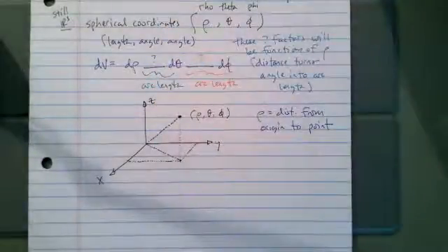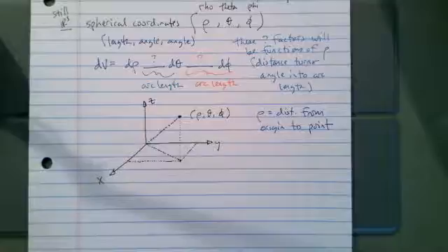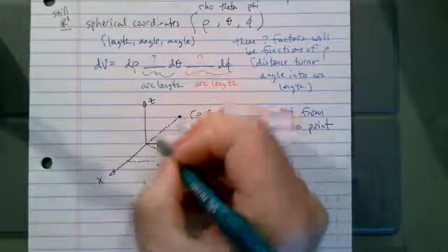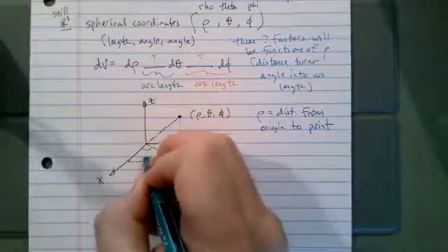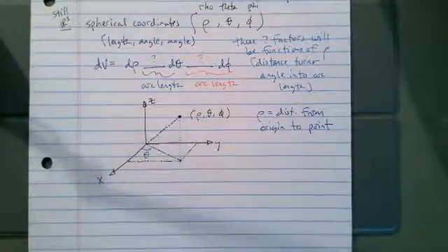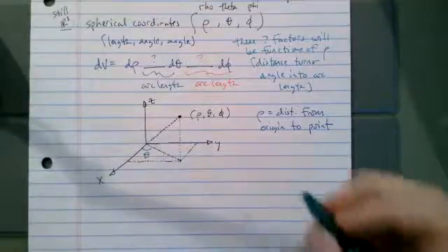Theta is the angle in the xy plane between the positive x-axis and a line directly under the point. Theta is the same theta that we were using in cylindrical coordinates.